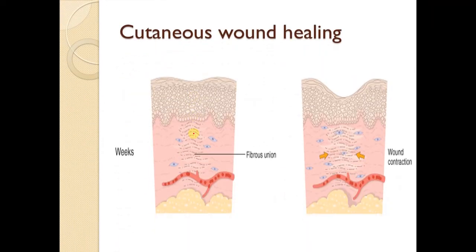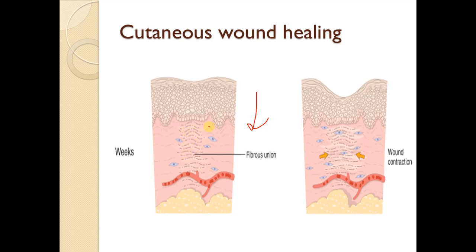So what happens at the end of the 2nd week? This whole activity continues until the 2nd week, after which the activity finally starts to decrease. Fibroblasts continue to produce the collagen fibers. Look, here you can see the thread-like structure.